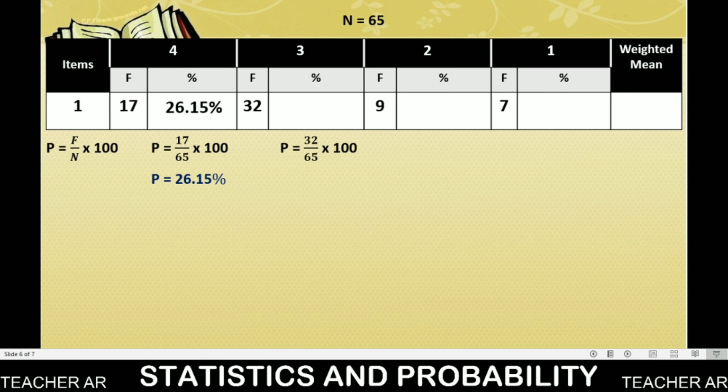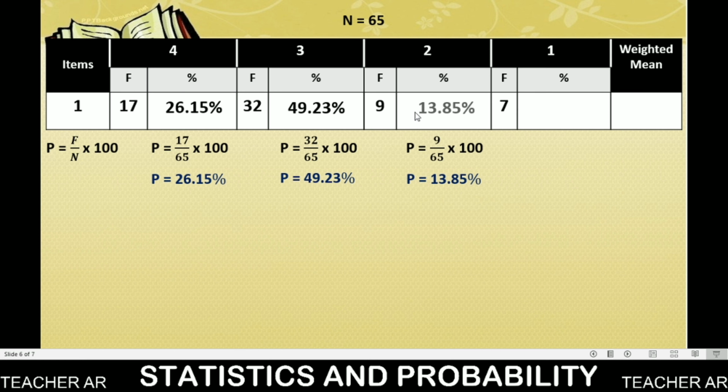And legend 3, 32 divided by 65 times 100. So our percent is 49.23%. The next, in legend 2, 9 divided by 65 times 100. The result is 13.85%.